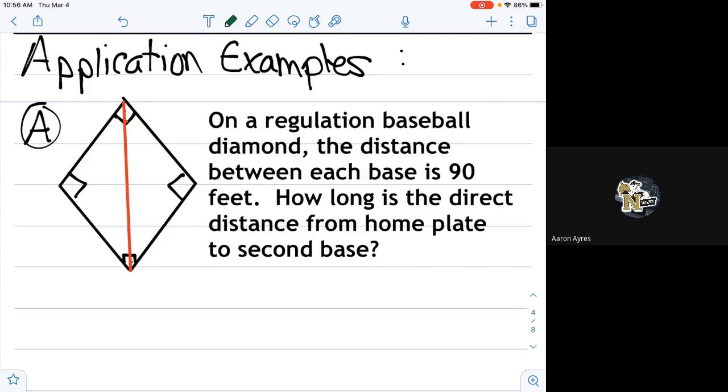That's probably your missing number you need for your setup. Then you find that missing part of your triangle from where the ball is to the hole, that little leg there.